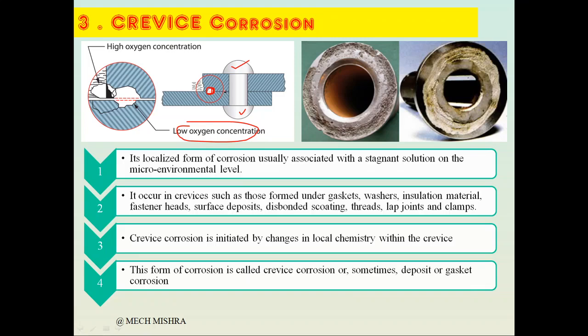crevice corrosion. So now understand, it's a localized form of corrosion usually associated with stagnant solution, meaning it happens in a stagnant zone, the crevice zone, on the microenvironmental level. So there will be formation of another microenvironment at that crevice location.